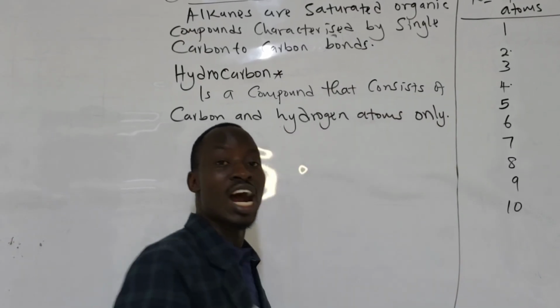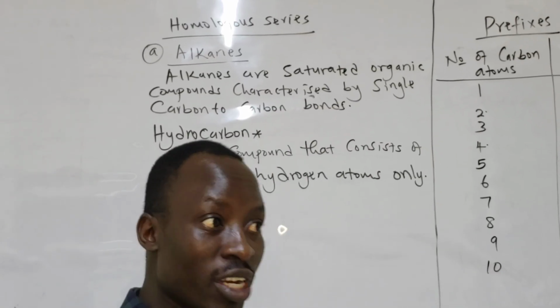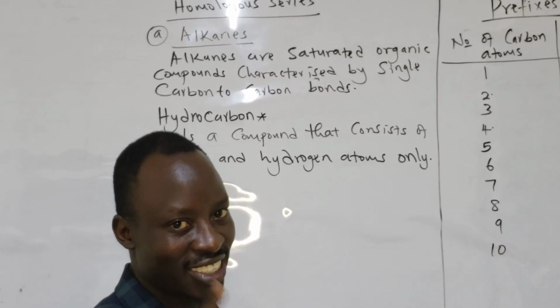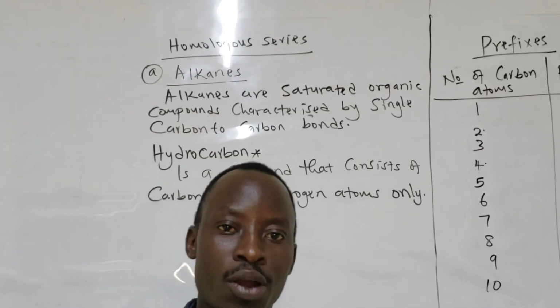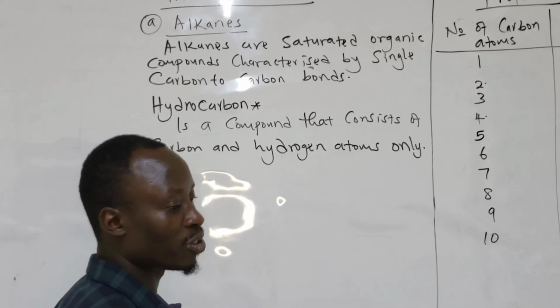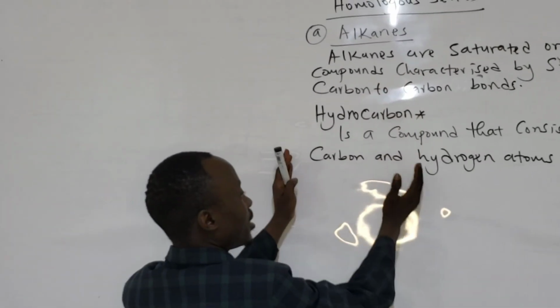I repeat, a hydrocarbon is an organic compound that consists of carbon and hydrogen atoms only, right? So if it is so, there we have reached. We're going to make our alkanes so soft and simple. So starting from here, we can start our alkanes.